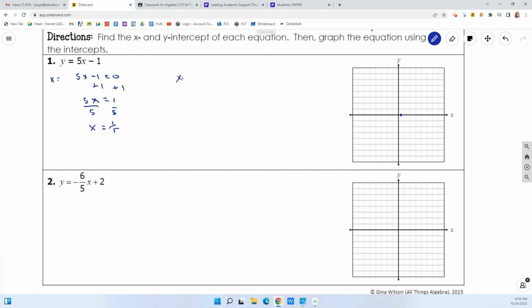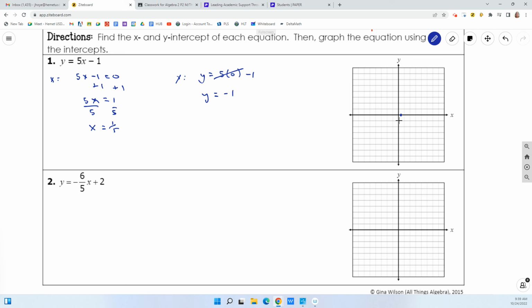Our y-intercept, we're going to have the same thing, only this time we're going to go y equals 5 times 0, because we're setting our x equal to 0, equals -1, which always works out nicely because this is always going to equal 0, right? 5, anything times 0 is 0.